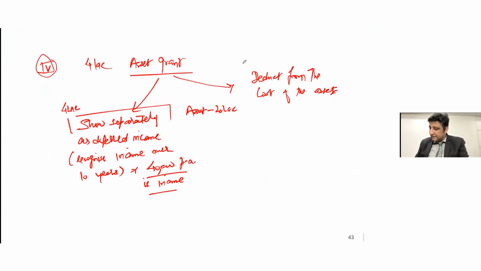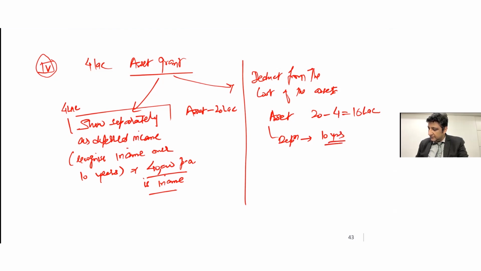Alternatively, you can show the asset net of the grant value, which is at 16 lakh. Of course, the depreciation will be charged over 10 years, the way it was being charged here as well, right? So this is how you are allowed to recognize the government grants, basis whether there are conditions attached, whether it's an income grant or an asset grant, as the case may be.